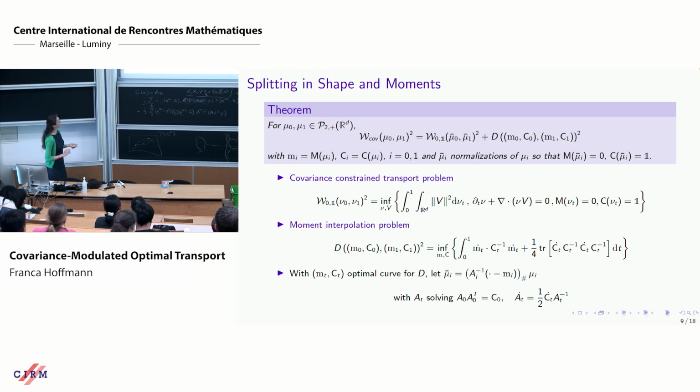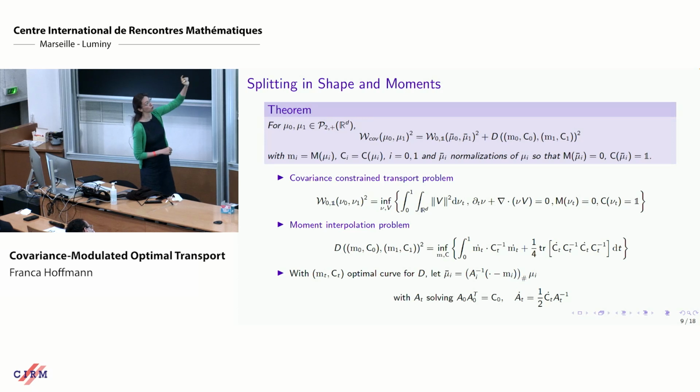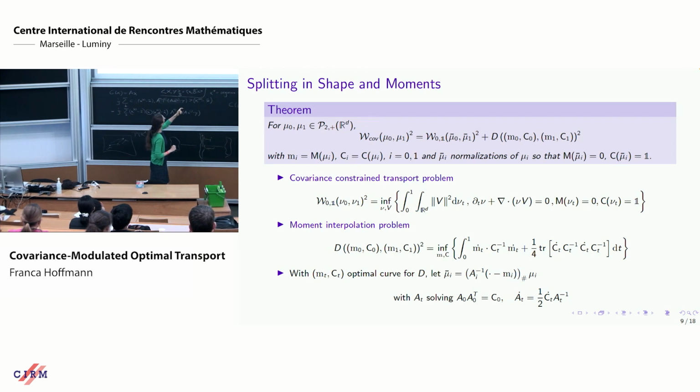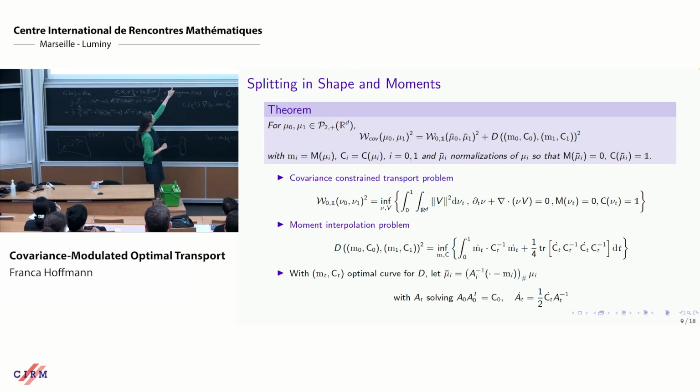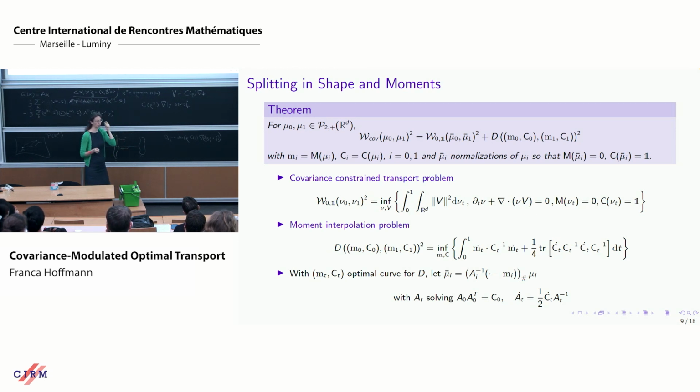So let me explain the notation here. The first problem is a constraint optimization problem. If you look at what I wrote there, it's basically exactly the same thing, except that now I'm requiring that along the path, the mean is always 0, and along the path, the covariance is always identity.